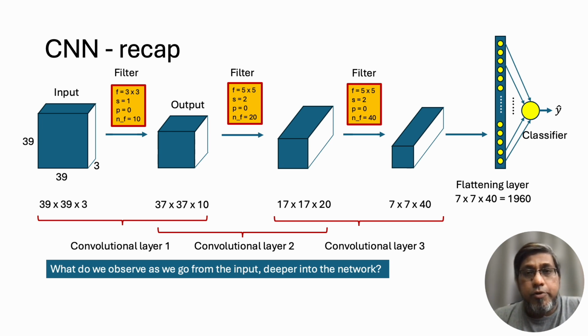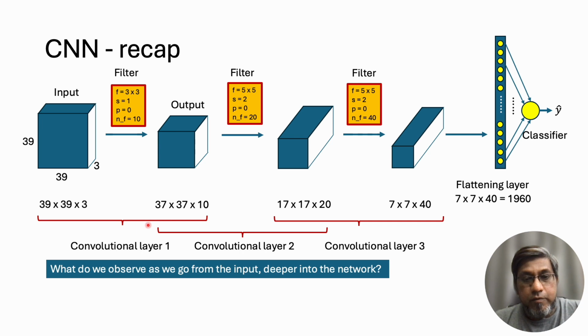So let us do a quick recap of the CNN architecture that we have seen in the previous lecture. As we see from this image here, the input data or the input image is passing through each layer of the convolutional neural network. The focus of the previous lecture was mainly on how the dimensions of the data are being altered as it passes through each convolutional layer.